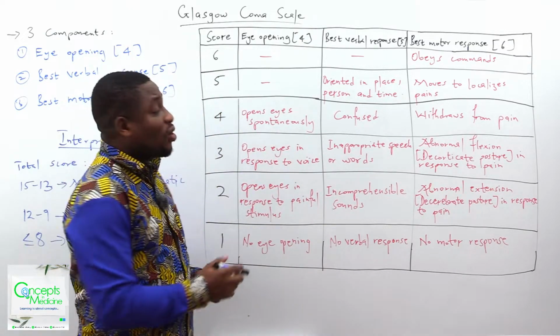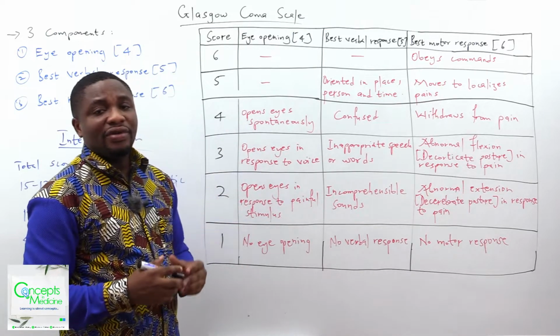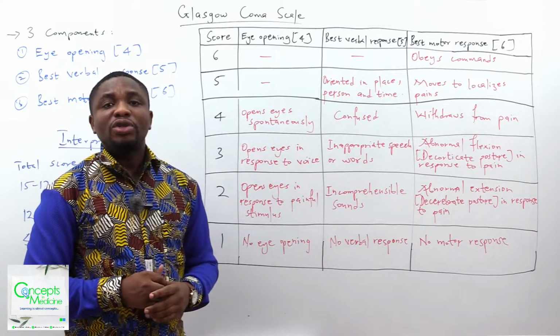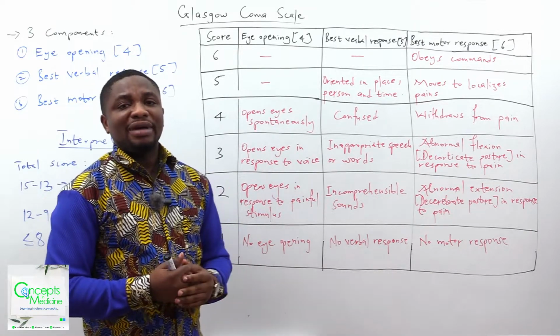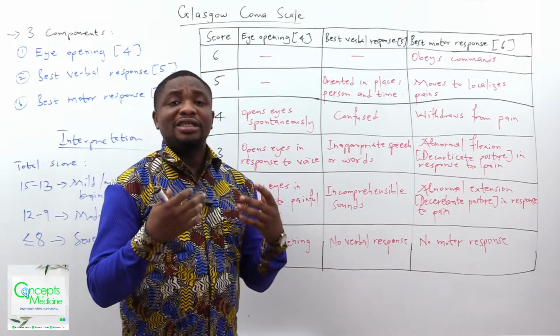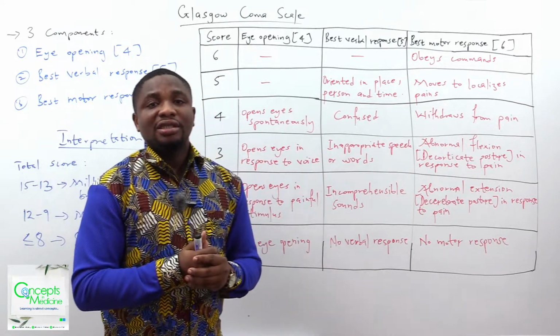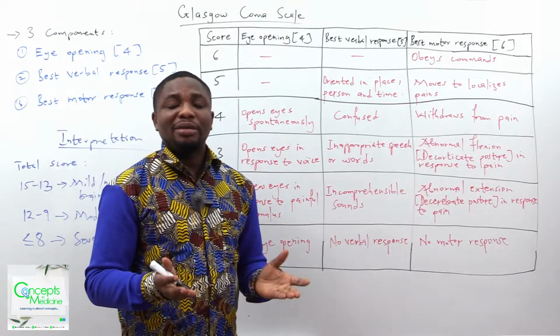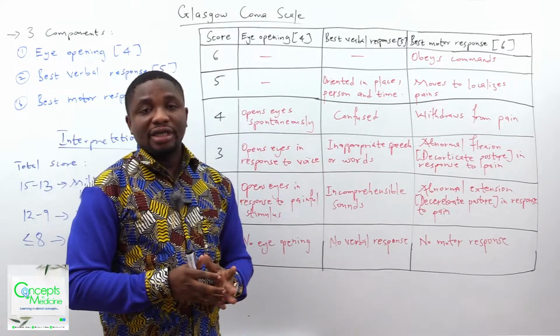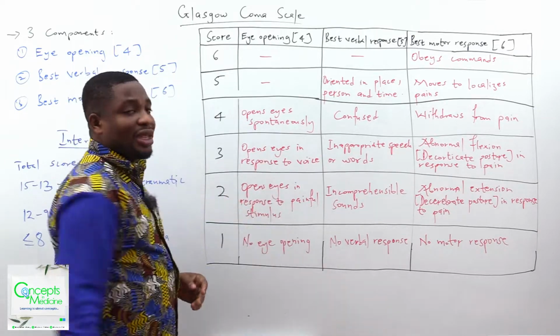The next one is a score of 3 for the eye opening. If the patient opens his or her eyes in response to voice, this can be done by mentioning the patient's name. And if you mention the patient's name and the patient opens his or her eyes, that becomes opening eyes in response to voice, and you give a score of 3.